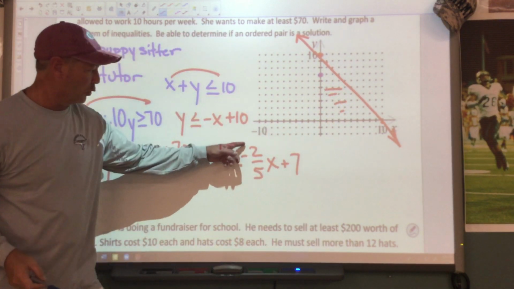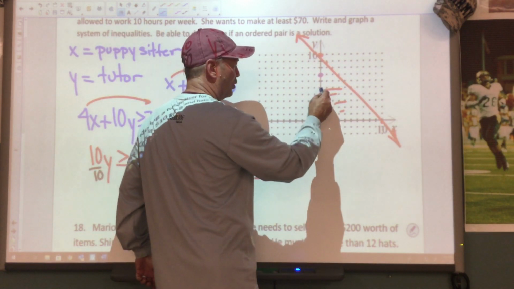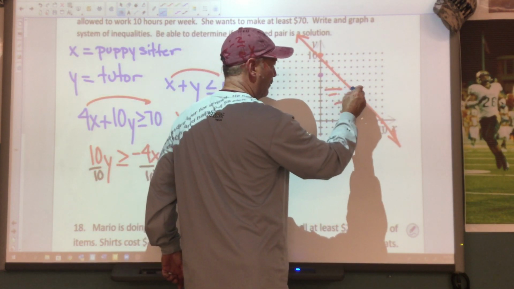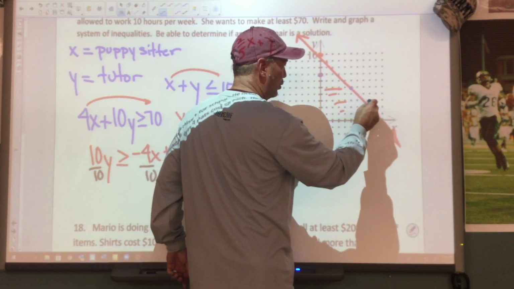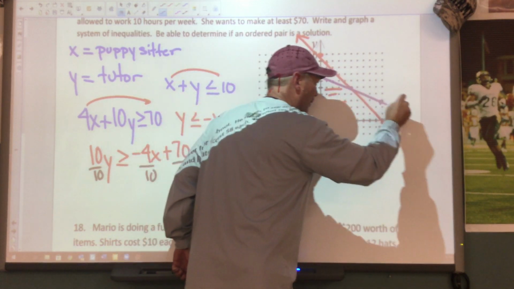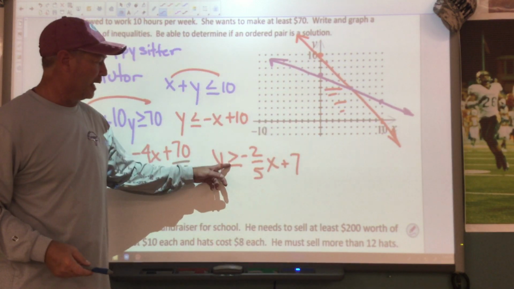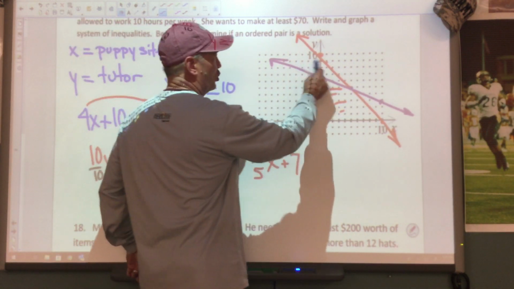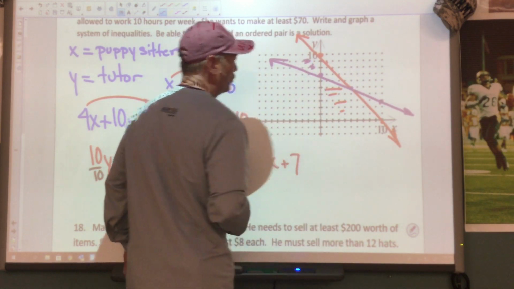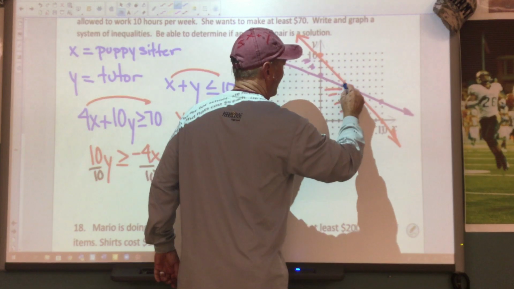My slope says to go down 2, right 5: 1, 2, 3, 4, 5. Down 2. I will have a graph that looks like that. It says greater than, so we're going to shade above it. So the overlap is going to be right here.